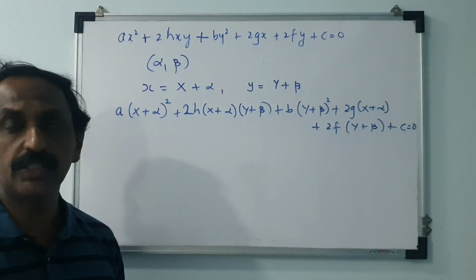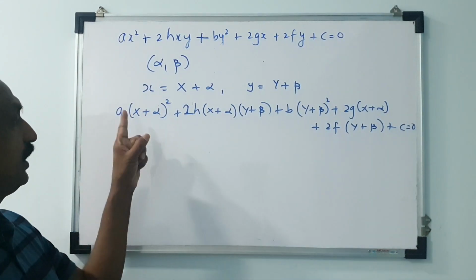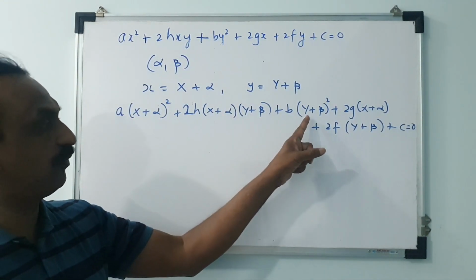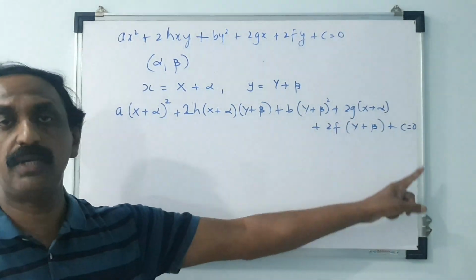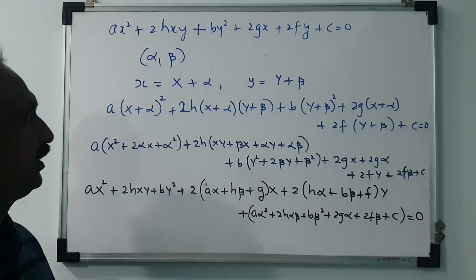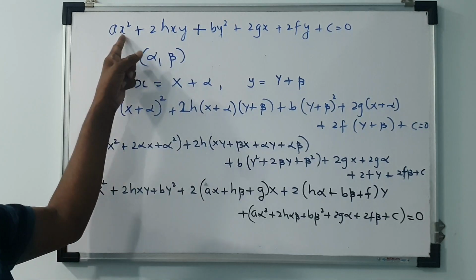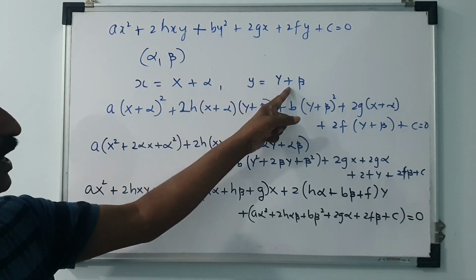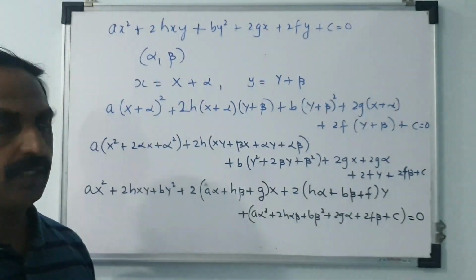Now I will change this equation into the form with X squared, XY, Y squared, X term, Y term and constant term. What I have done is replaced x by X plus alpha, y by Y plus beta and written the equation.